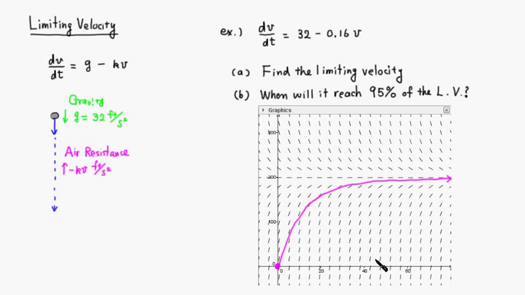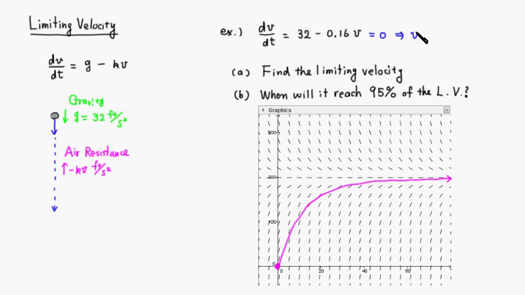In order to find the limiting velocity, you can see that the limiting velocity is around here, where the slope is basically 0. So we set this expression equal to 0, then solve for v.